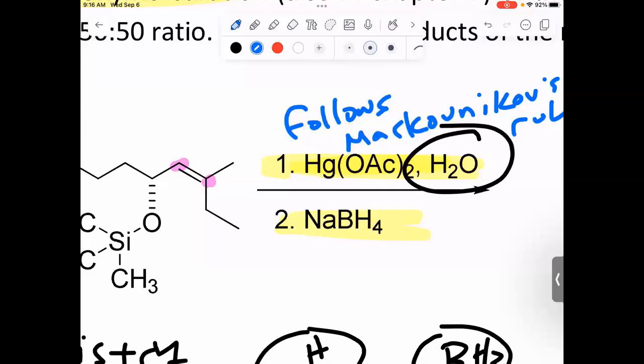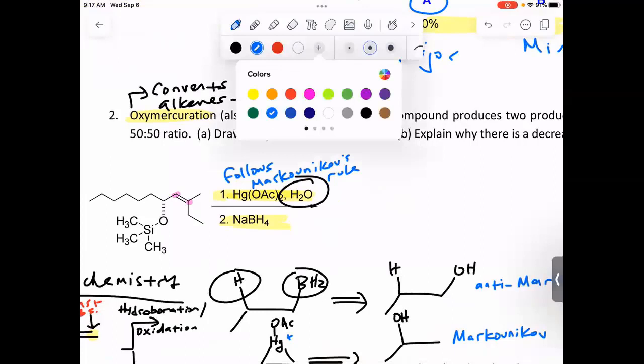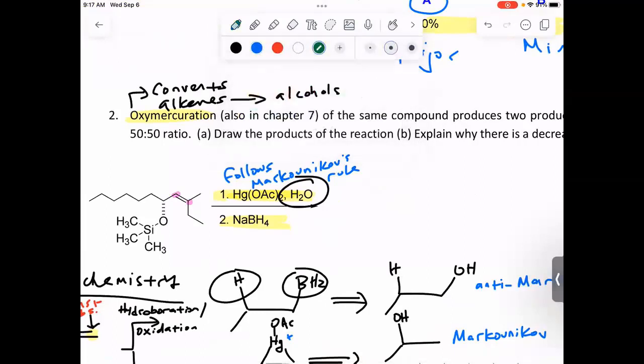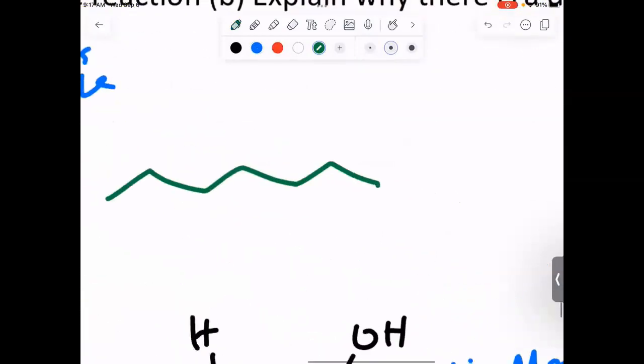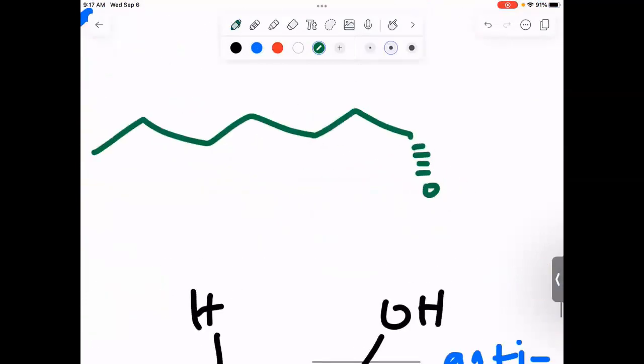The right carbon is more substituted. Carbon on the right, good. Right, so my product, I'm going to go ahead and draw this out. So this is going to be one of my products.